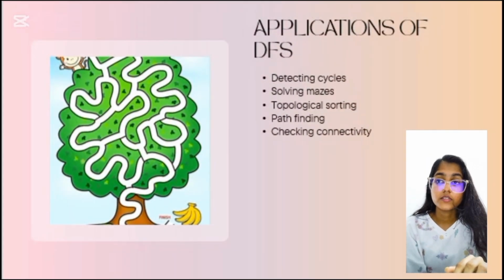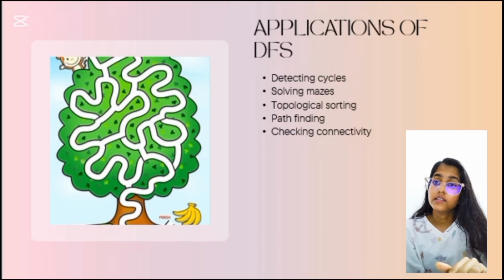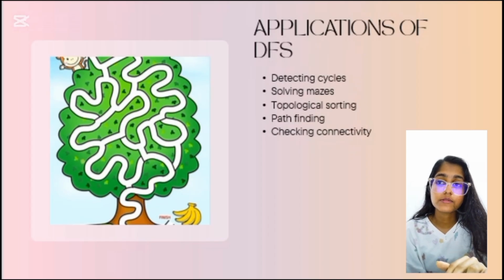Now I'll explain to you about the application of depth first search. Depth first search is used when we want to go deep into one part before trying others. In cycle detection, depth first search helps detect cycles in graphs. As an example, checking if a road map has circular routes and detecting infinite loops in programs.